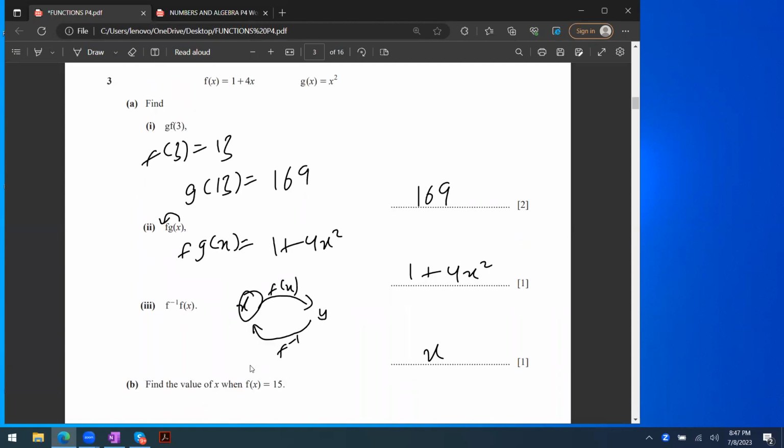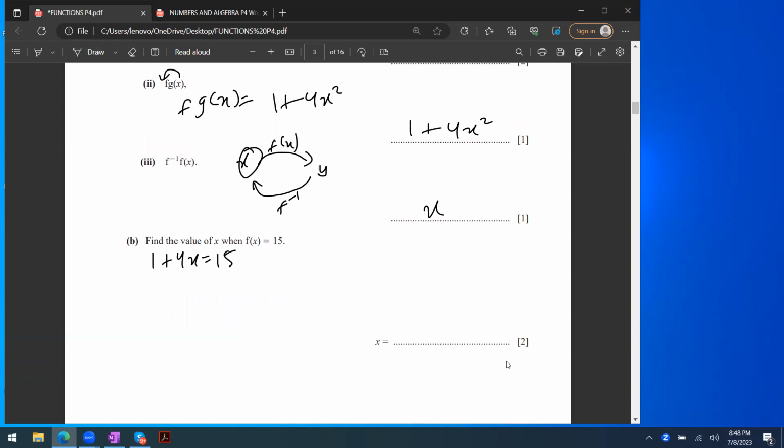Sure. f of x is, sir, I got 3.5. Yes, correct.